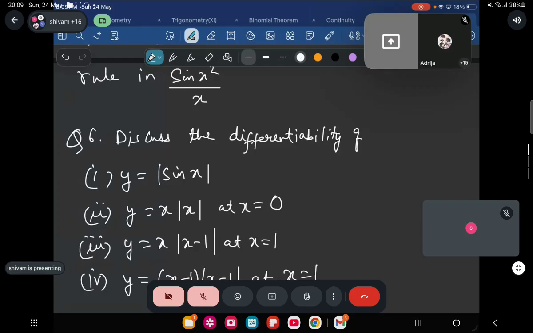Just 0 minus, 0 plus. How much have you written? That's why you define the function.